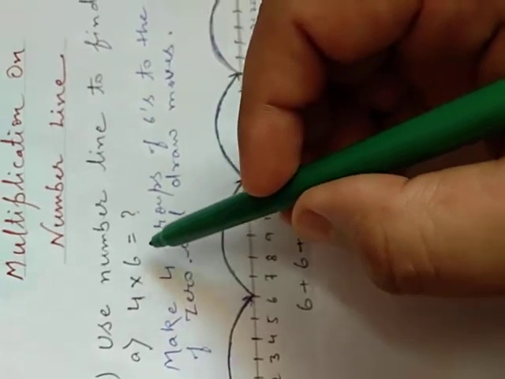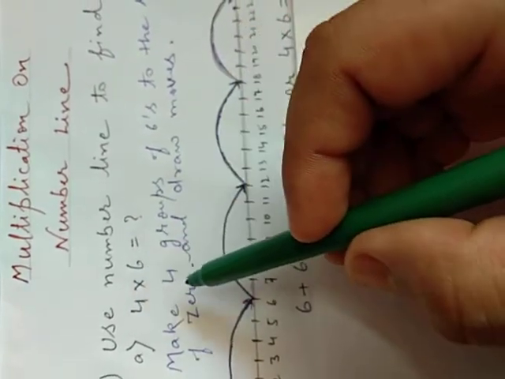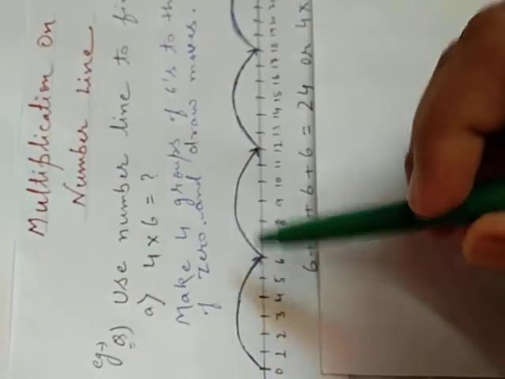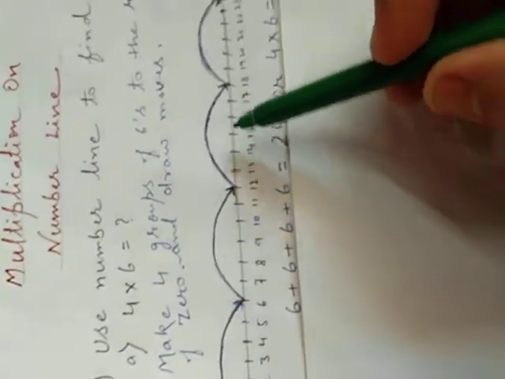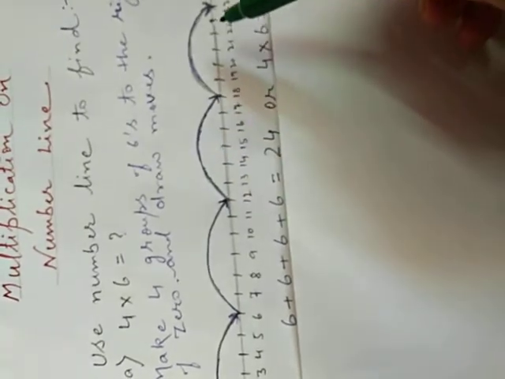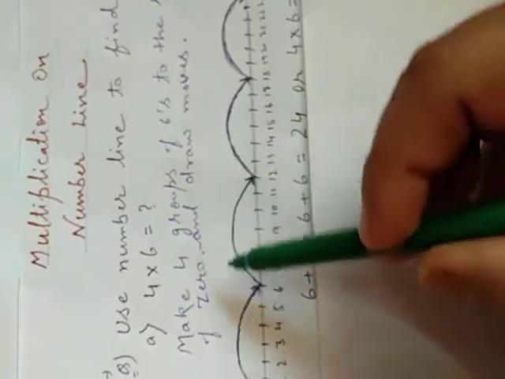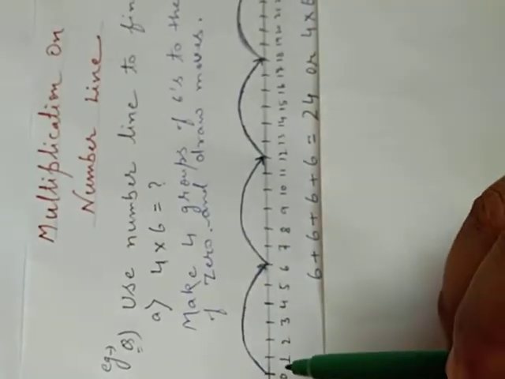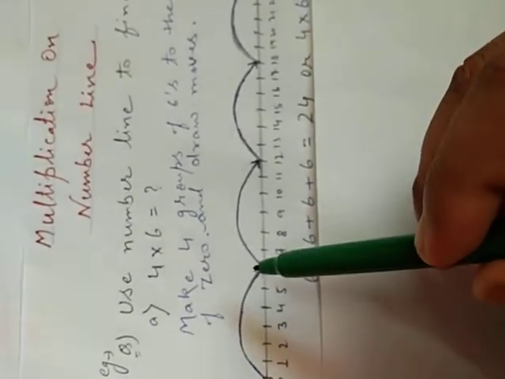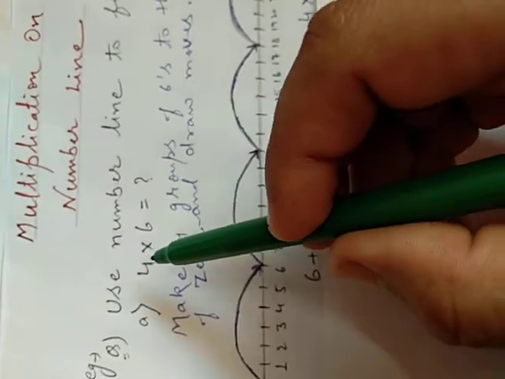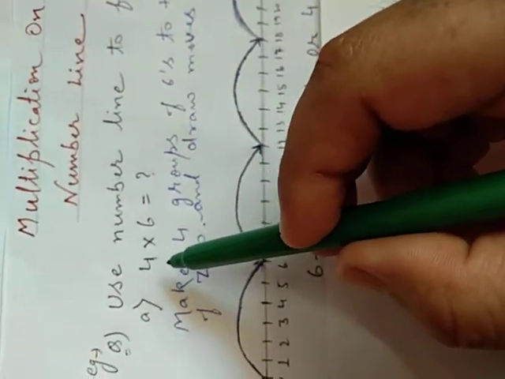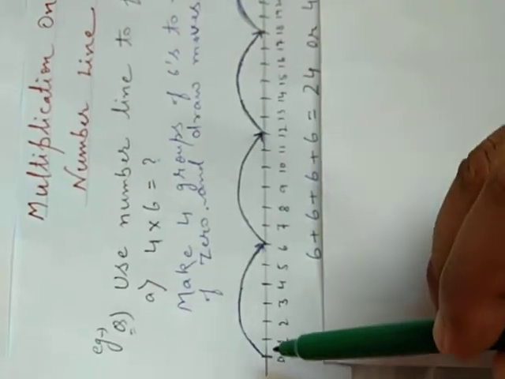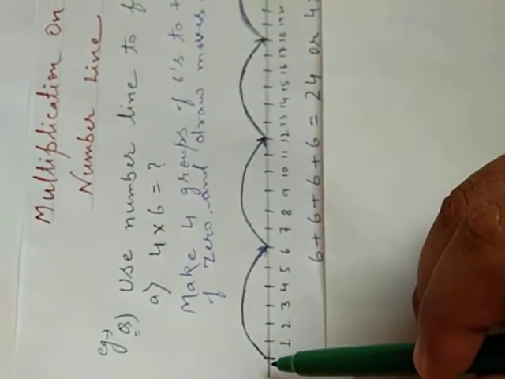It is 4 times 6. That means we have to make 4 groups of 6s. So this is 1 six, 2 sixes, 3 sixes and 4 sixes. We have made 4 jumps, and each jump has 6 numbers. We started from 0.